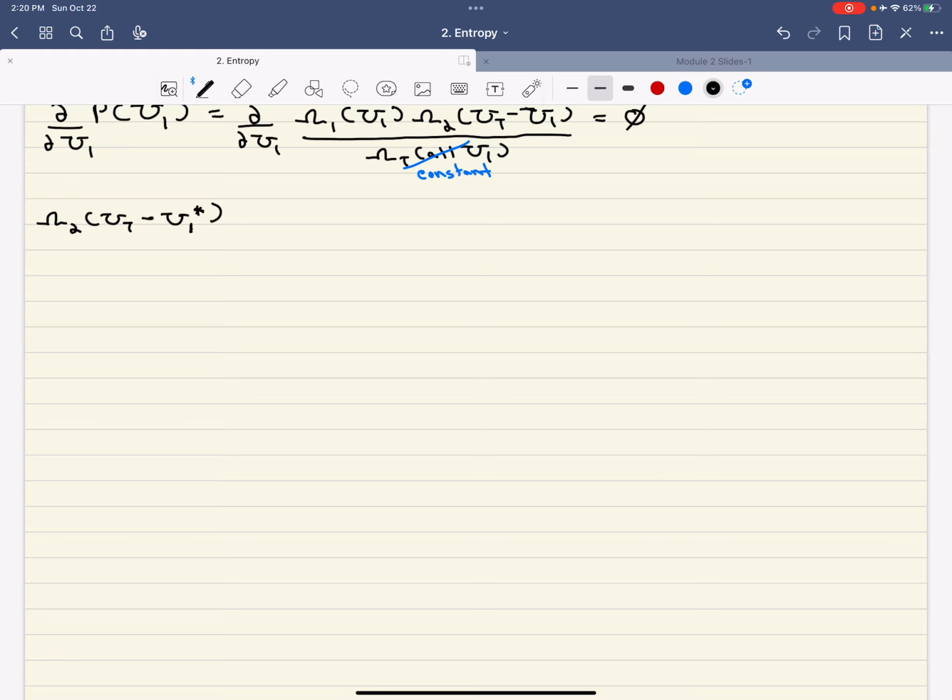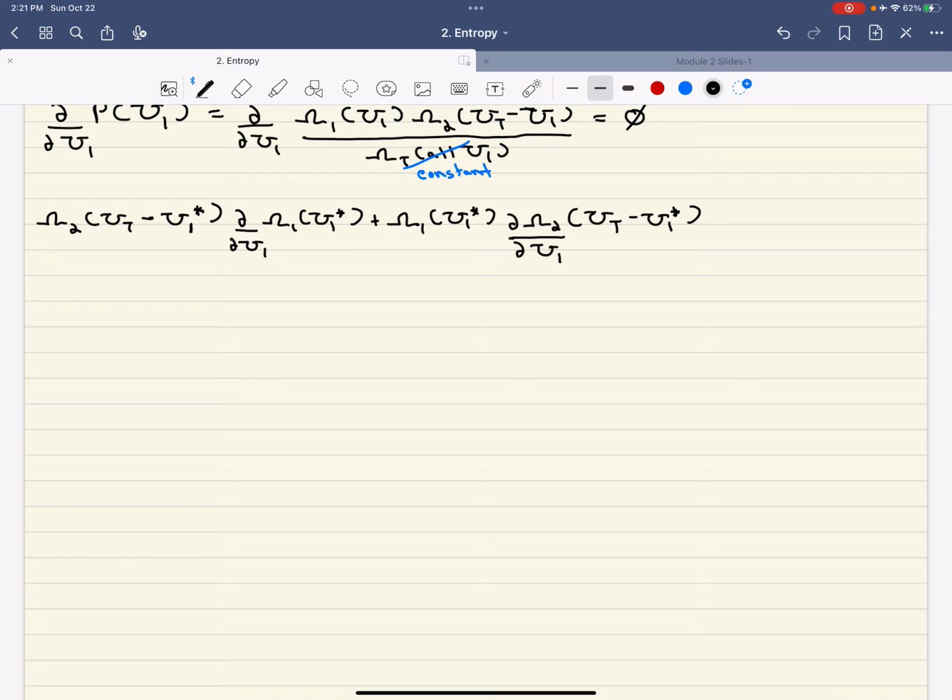So we have d omega 1 over dU1 at U1 star times omega 2 of (Ut minus U1 star), plus omega 1 of U1 star times d omega 2 over dU1 of (Ut minus U1 star).